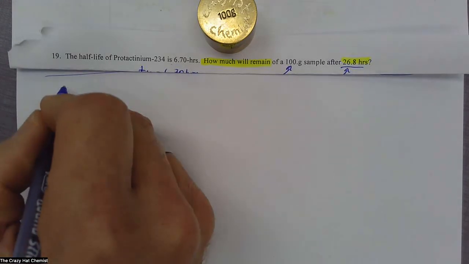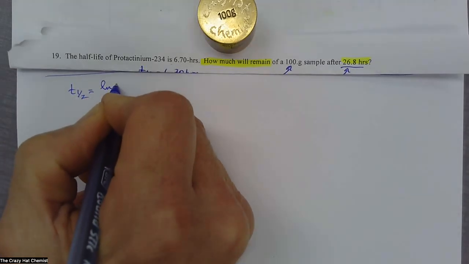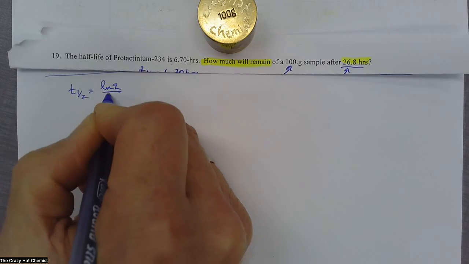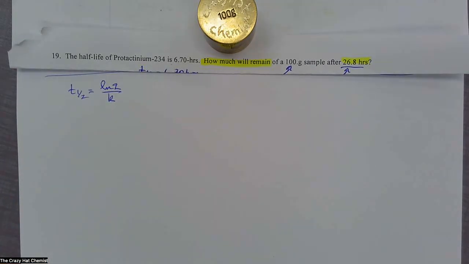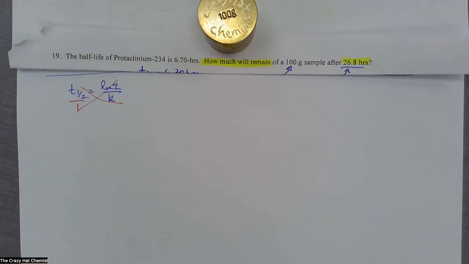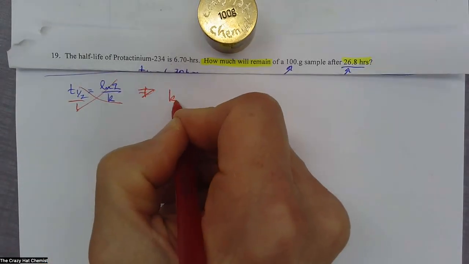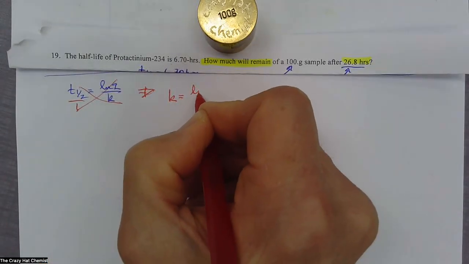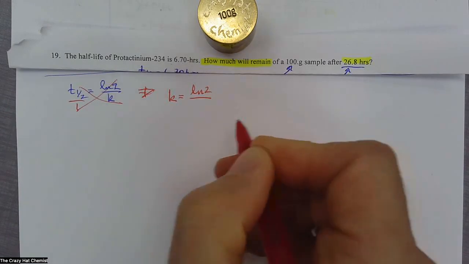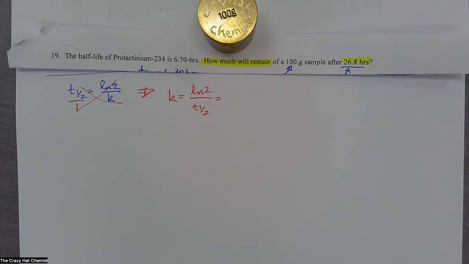So t of 1/2 is equal to natural log of 2 over k. So what we're going to do is rearrange this equation, right? So this is going to be over 1. We're going to cross multiply, and we are going to solve for k. Hopefully you can do that. k is equal to natural log of 2 over t of 1/2. So we're going to plug this right into our calculator.